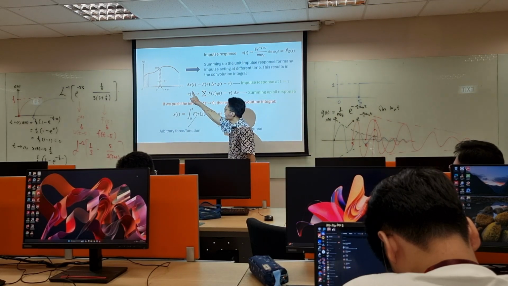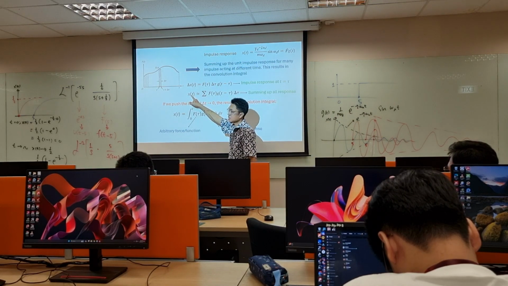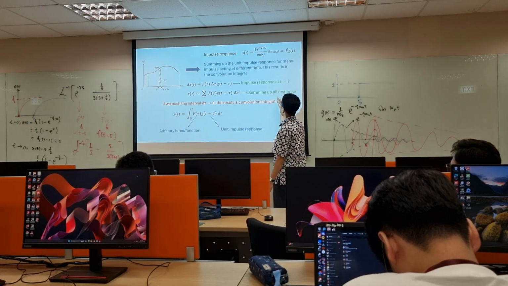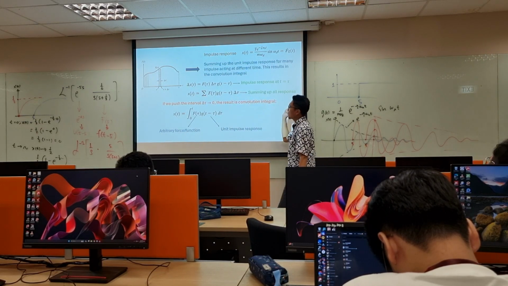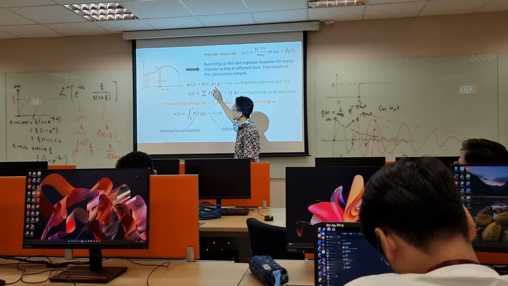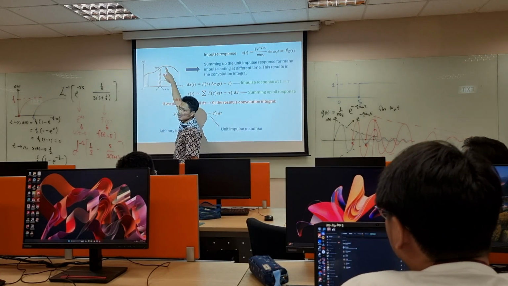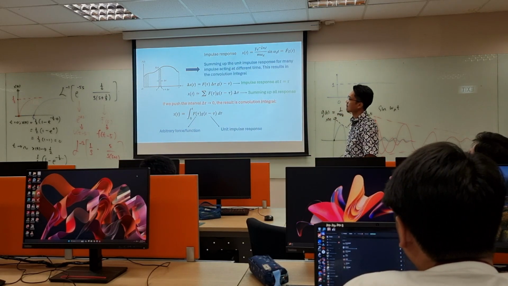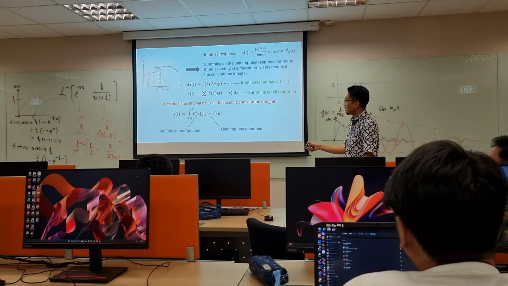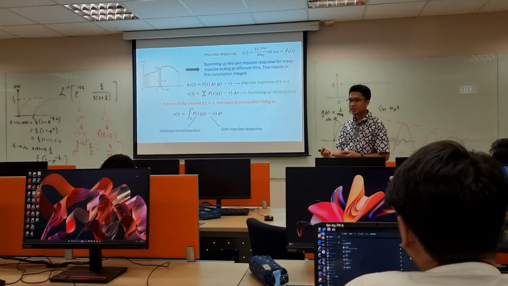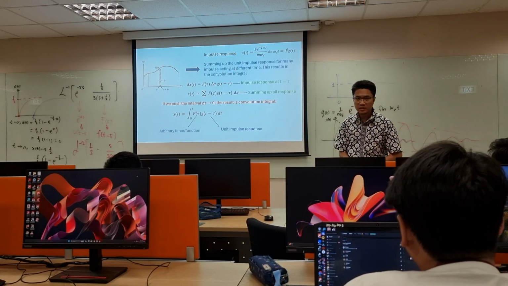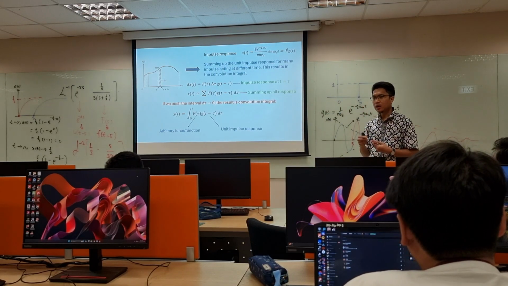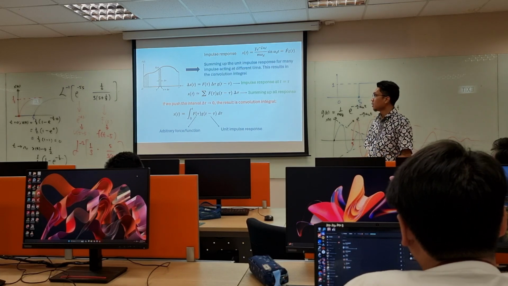So if we want to obtain the x(t), we have to sum up all of the response. If we only do this, then that's only the response at the time t equal to tau. That's the motivation. This is the discrete summation, like 1 plus 2 plus 3 plus 4.